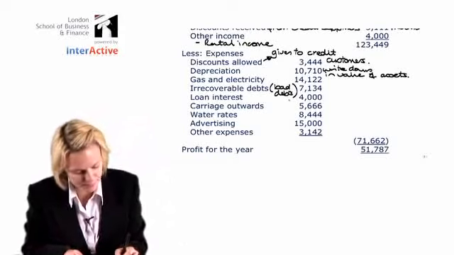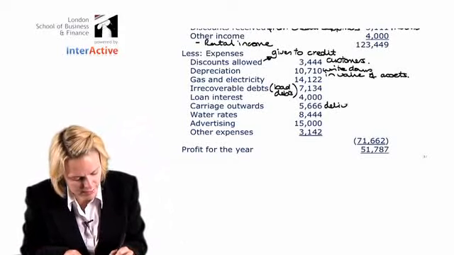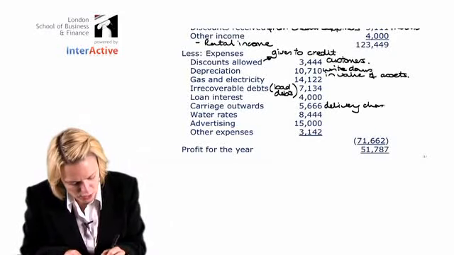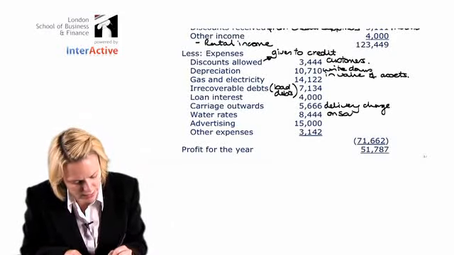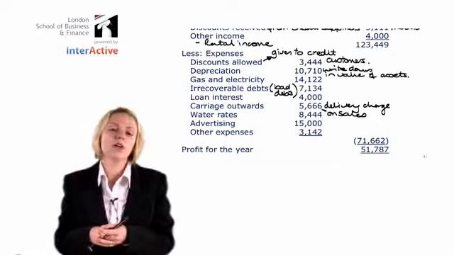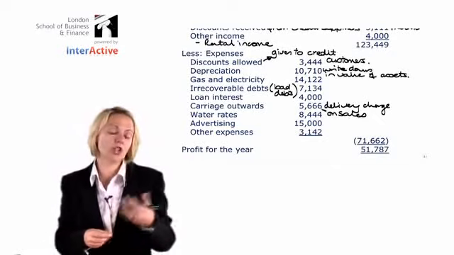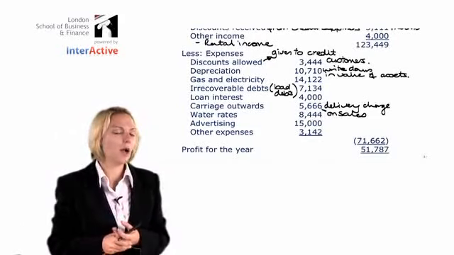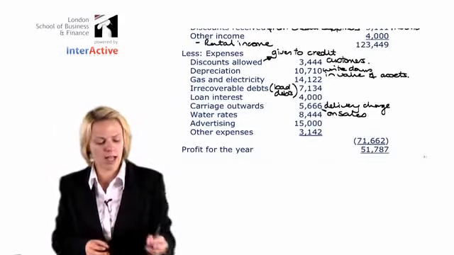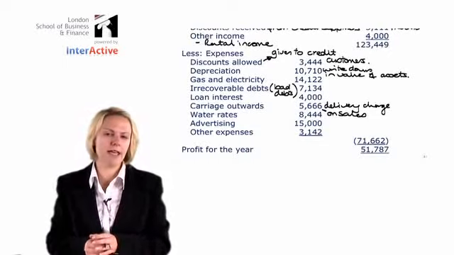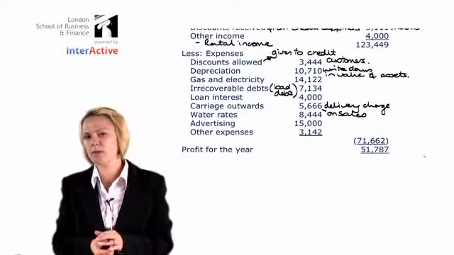Carriage outwards. That would be the delivery charge on sales. So if we suffer a delivery charge on selling goods to customers, that would be known as carriage outwards, and that would be an other expense or a selling expense. Okay?